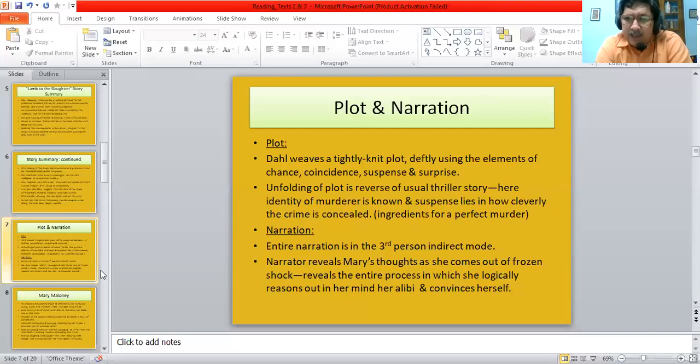So this is the way in which the narration really comes close to the workings of Mary Maloney's mind. And at various critical points, we are given some insight into what she's thinking, what she's planning. Immediately before she goes out to the shops, she stands in front of the mirror and practices saying what she would say to the man in the shops.